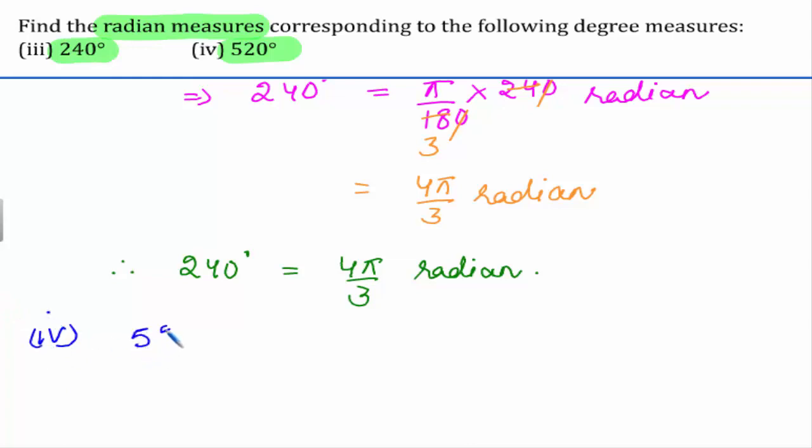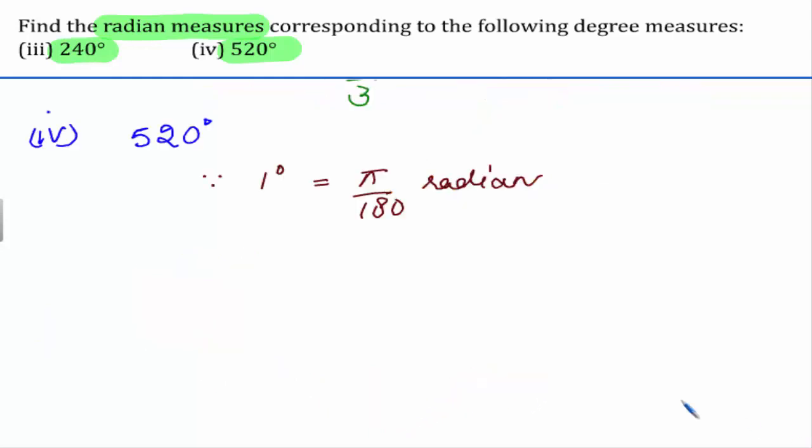Now let us proceed on to the last part. Here we have to find the radian measure of 520 degrees. Now since 1 degree is equal to pi upon 180 radian, so this implies that 520 degrees is equal to pi upon 180 into 520 radian.